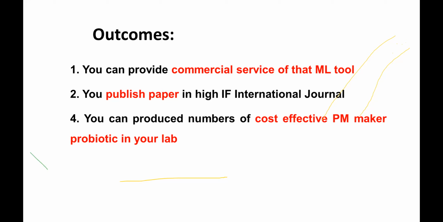In microbiology, the use of machine learning is very limited. There is a huge gap in the link between machine learning and microbiology. Although people are using machine learning based tools to screen out and diagnose different types of cancer and other things, the use of machine learning tools to predict probiotic based production is very limited.